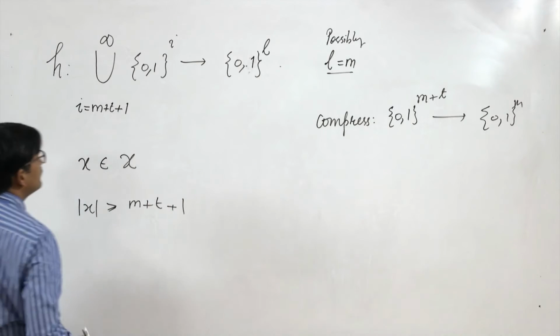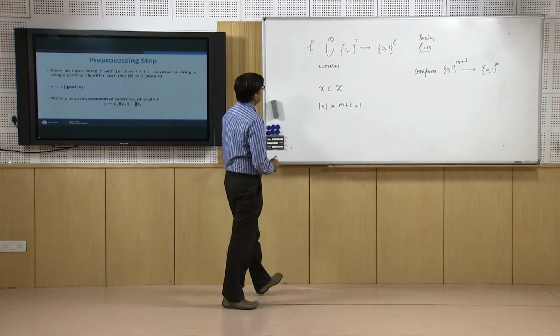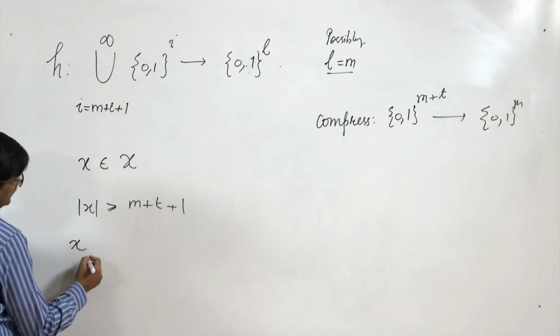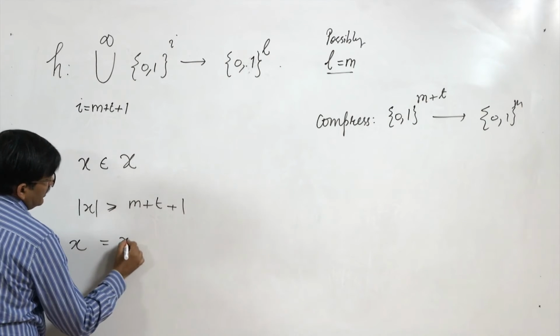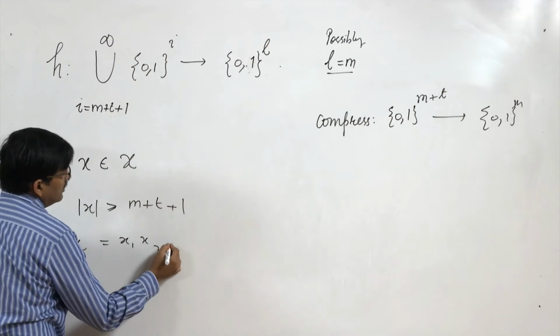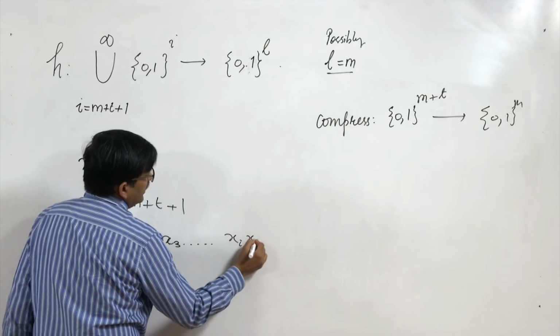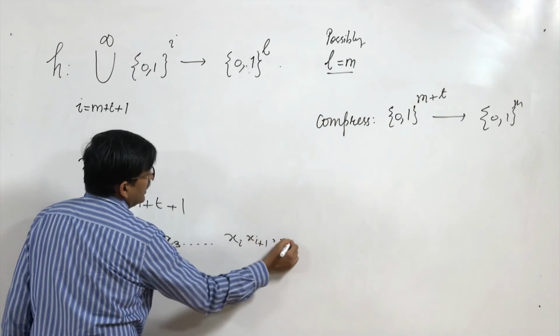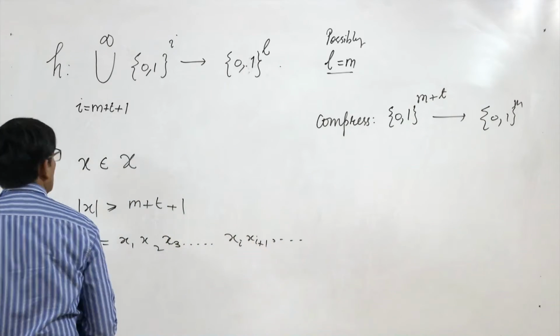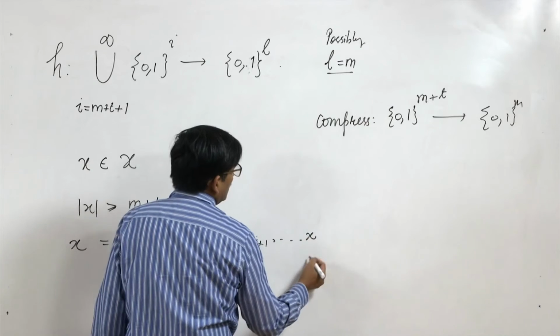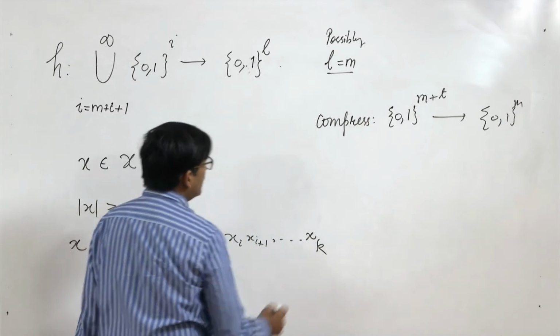plus 1. Now, we can think of x as a sequence of symbols like this x1, x2, x3, xi plus 1 and so on up to let us say ultimately some xk.